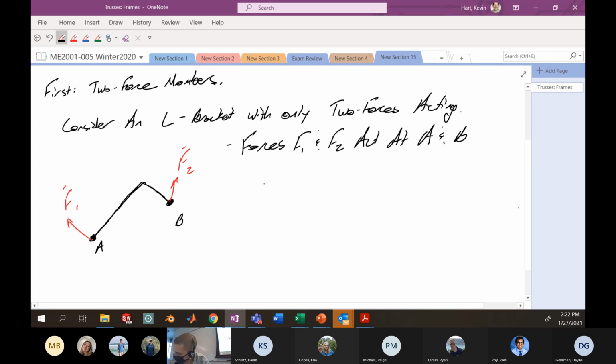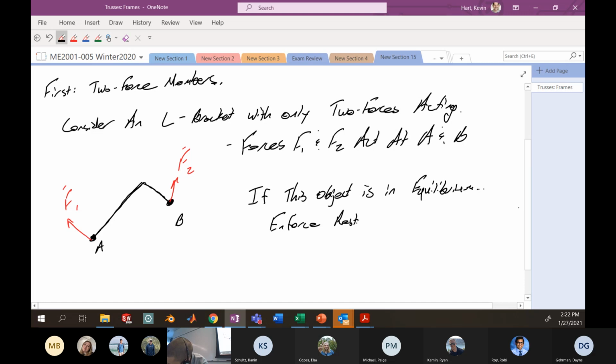Okay, so if this object is in equilibrium, we can enforce restrictions on F1 and F2.